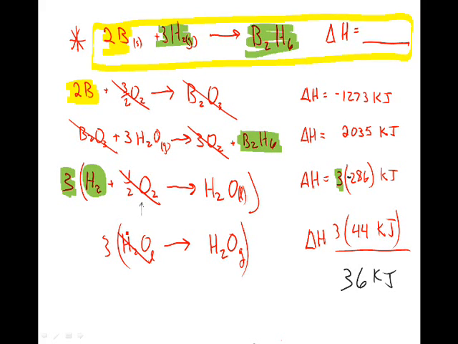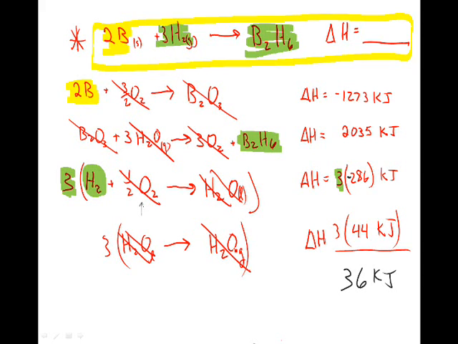So now those will cancel, and the change in enthalpy that we have right here takes into account the difference between gas and liquid water. So here I have 3 waters once again in the form of a gas, and here I have 3 waters in the form of gas, and they cancel.